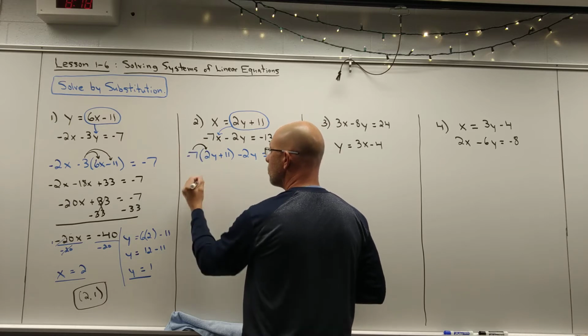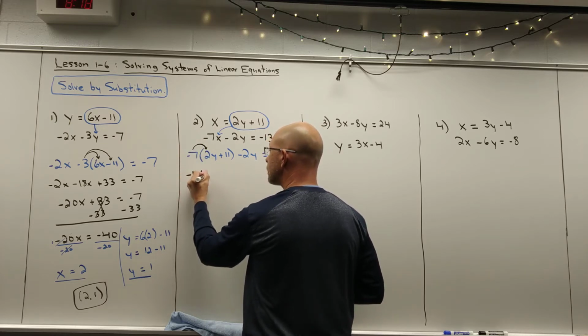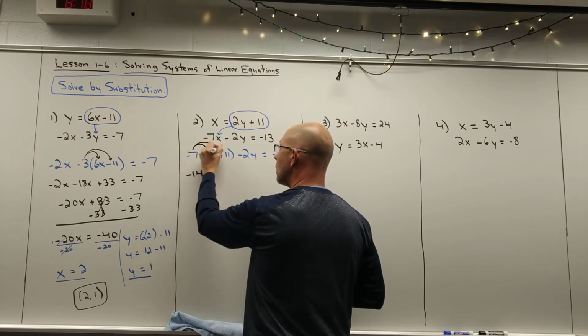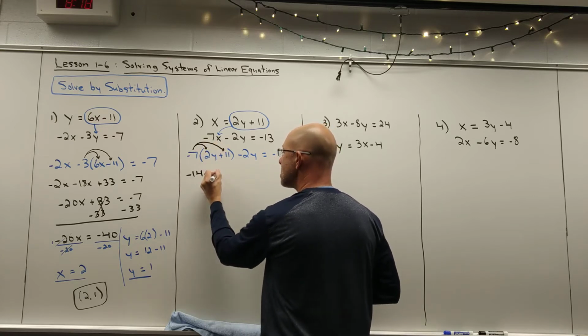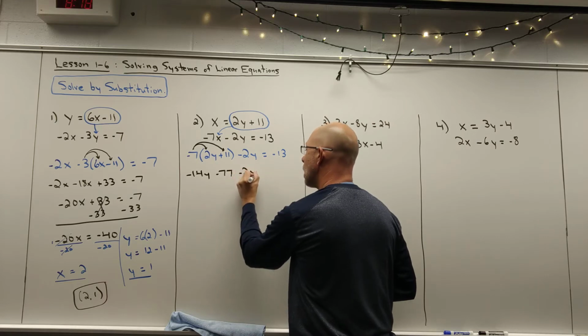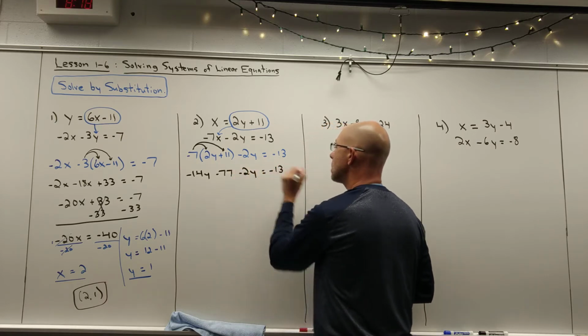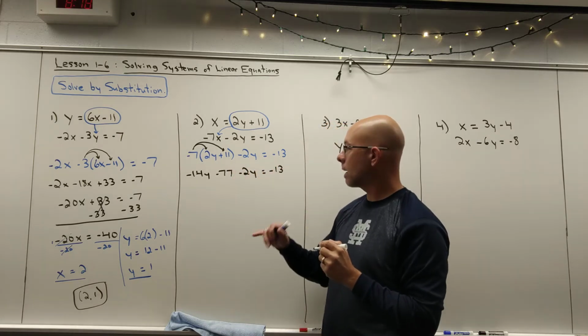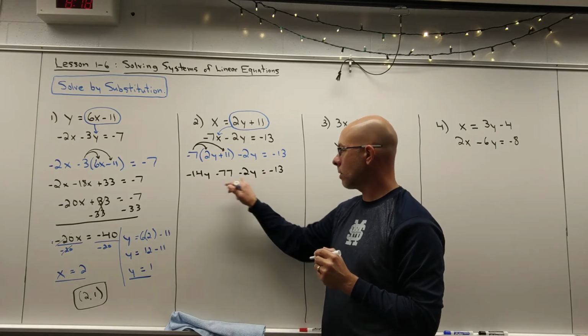That is negative 14y. That is minus 77. Minus 2y equals negative 13. The like terms are the y's, and it doesn't matter that they're not next to each other.